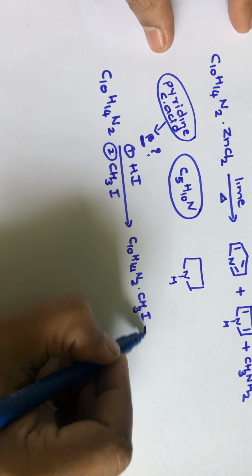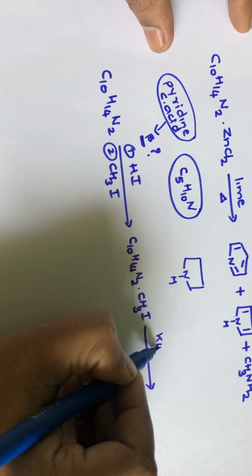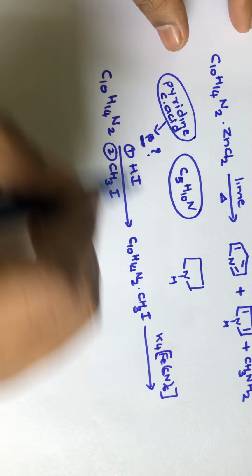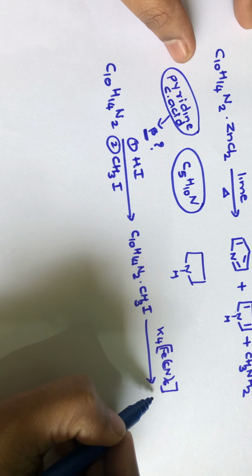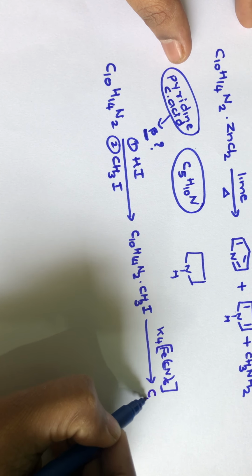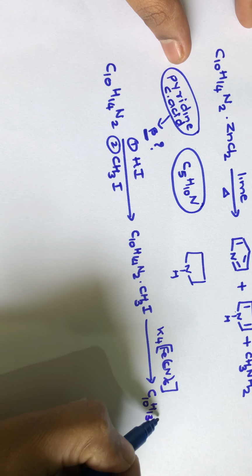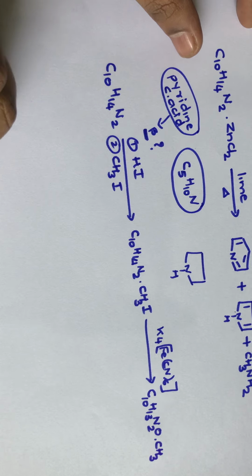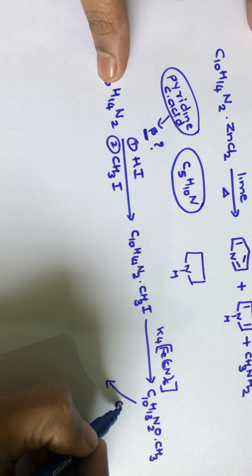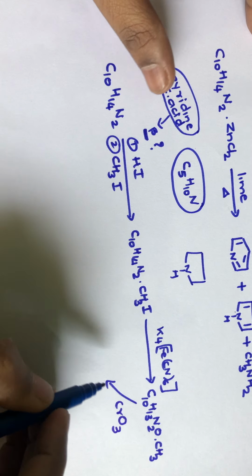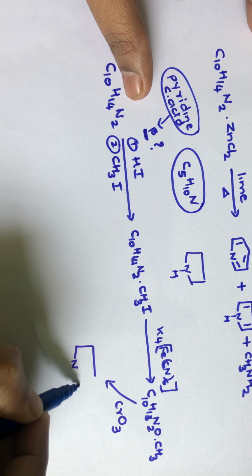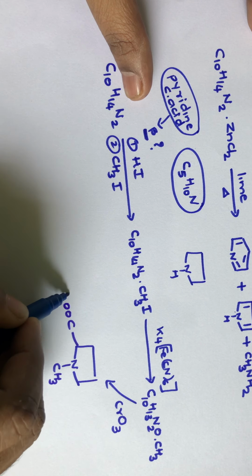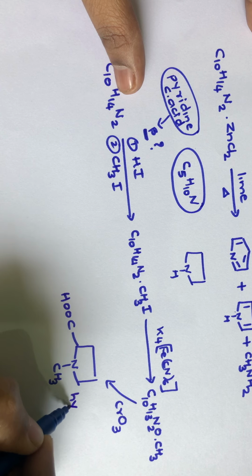This on oxidation with K4Fe(CN)6, potassium ferrocyanide, will give you nicotone, C10H13N2OCH3. This on oxidation with CrO3 will give you this compound, hygrinic acid.